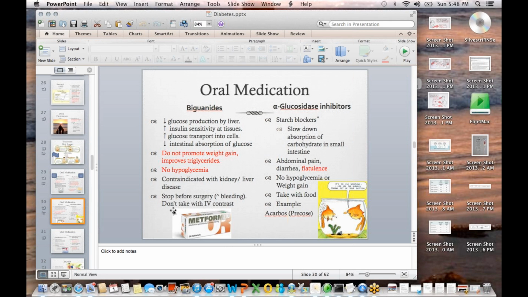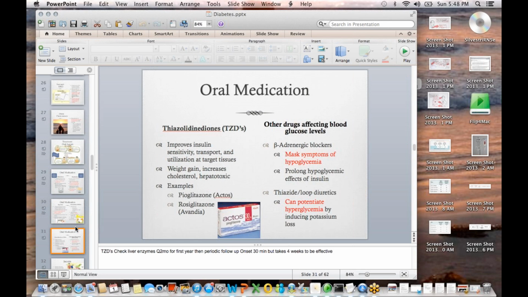It's going to prevent the absorption of carbohydrates in the small intestines. One of the side effects is flatulence or excessive gas, so that's an important teaching point for them. It doesn't have a lot of hypoglycemia because, again, you're just preventing the absorption of carbohydrates that eventually turn into sugar.